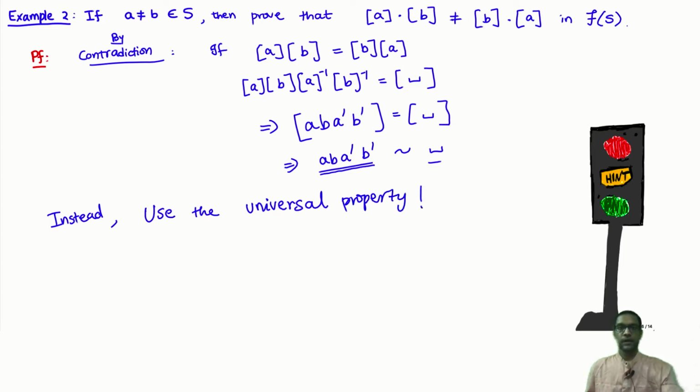So try to come up with a way of using the universal property of free groups to prove that A B A prime B prime can't be equivalent to the empty word, or equivalently that AB cannot be the same as BA. I mean, whatever we need to prove. Okay, so let me move on to the solution next. Again, I would encourage everyone to pause here and try your hand at it.